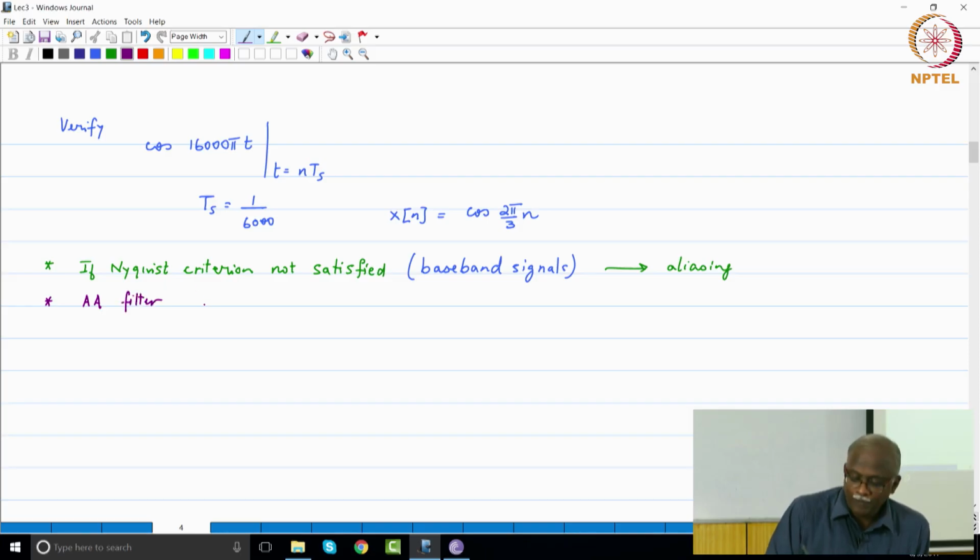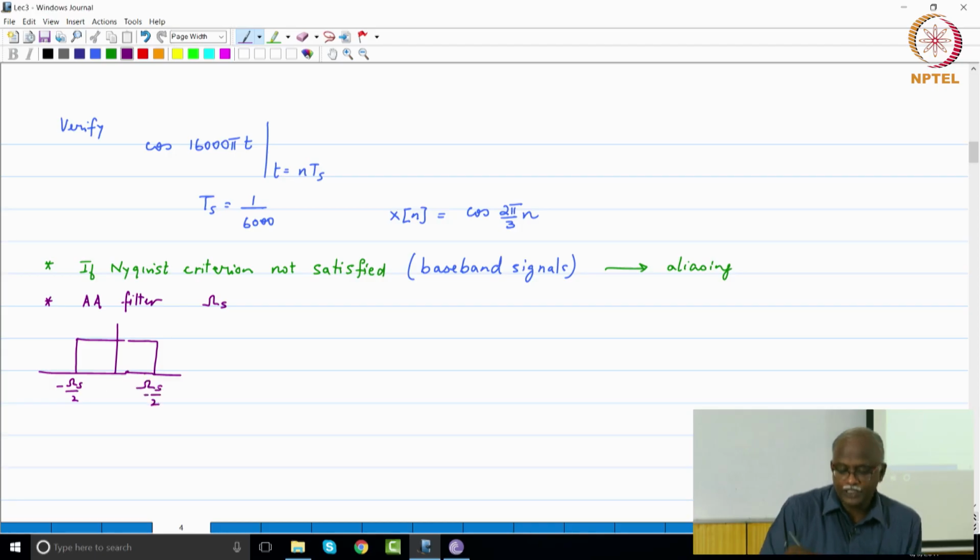If the sampling frequency was omega s, the anti-aliasing filter would be from minus omega s by 2 to omega s by 2. It will force the input signal going into the sampler to be band limited, and therefore you will not have the effect of aliasing.